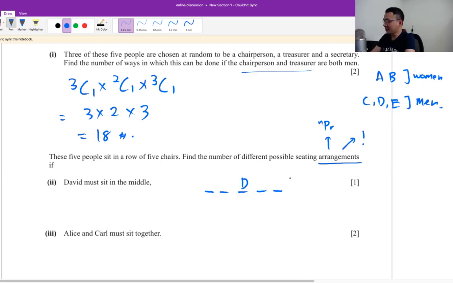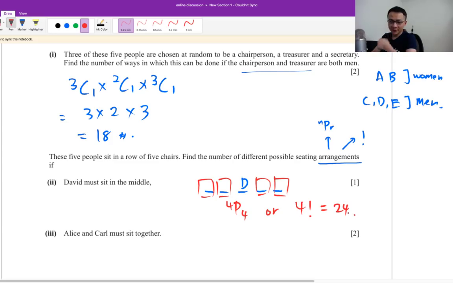This is a must. That means the other 4 sit here, 1, 2, 3, 4. These 4 seats can be randomly swapped, right? So it's just 4P4, or 4 factorial, and you can easily get 24. You just swap the 4 of the seats here.